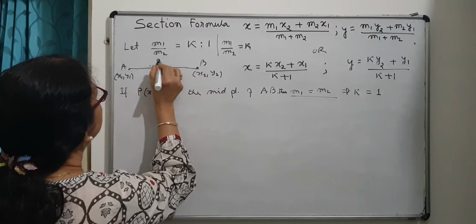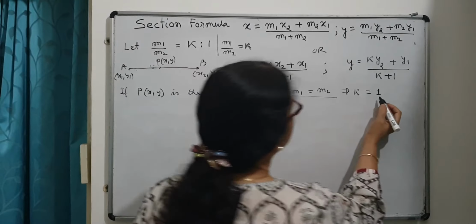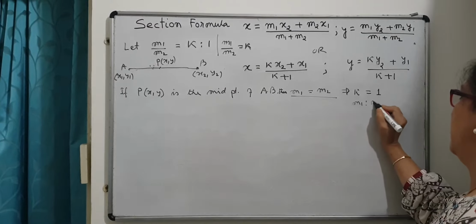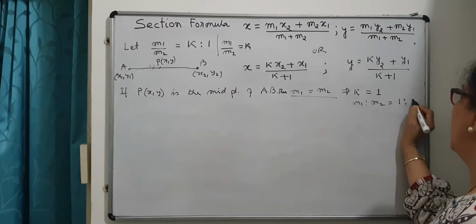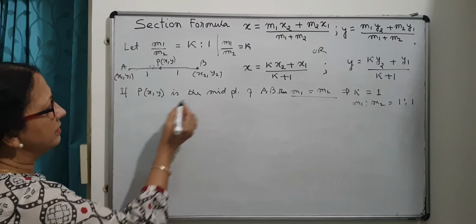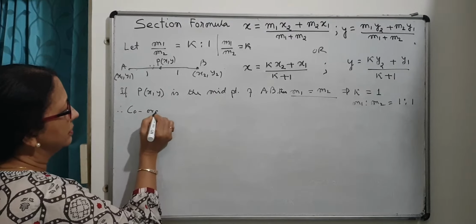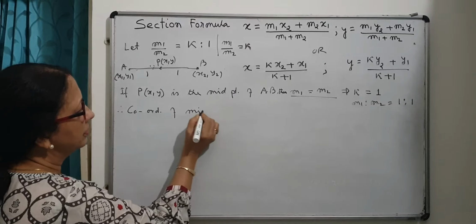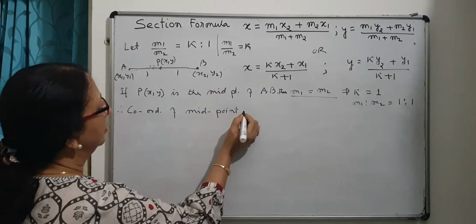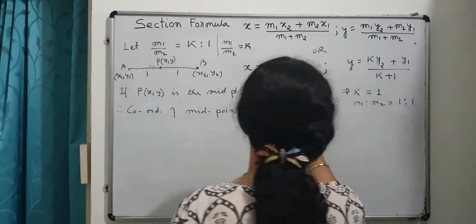This is the midpoint (x, y), and k is 1 means m1 is equal to m2, so the ratio m1 is to m2 is 1 is to 1 for the midpoint. So then the coordinates of the midpoint of AB will be what?